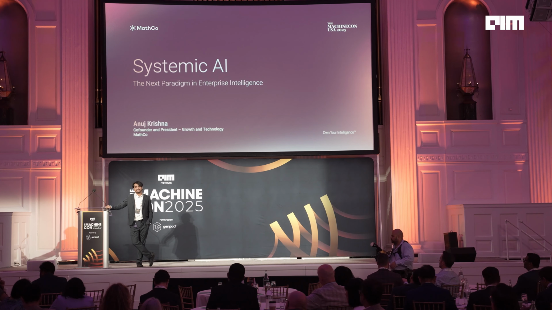Let me start off again with some numbers. Everybody has their own version of these numbers. But really the big message is that we have seen a lot of POCs with respect to agentic and generative AI. We have seen a lot of questions around the ROI that people are getting out of generative AI.